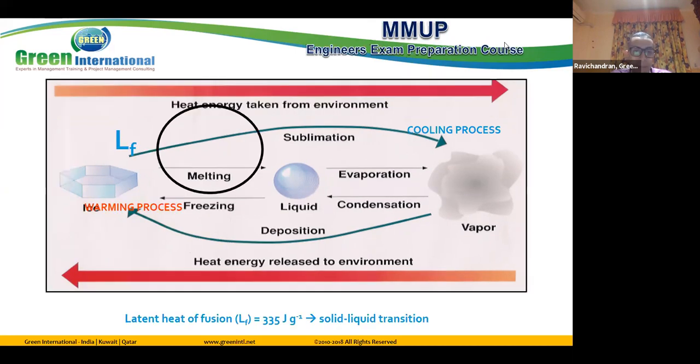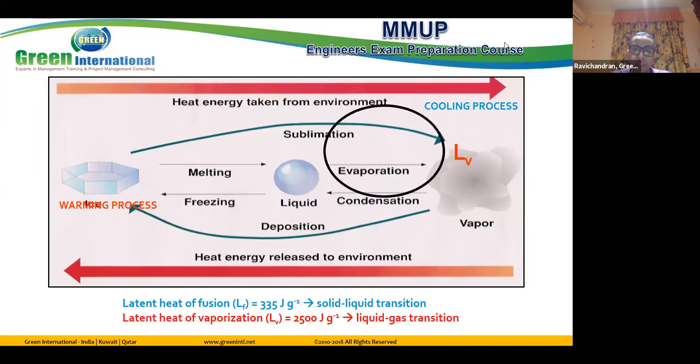The latent heat for melting is called latent heat of fusion, and the latent heat for evaporation is Lv, latent heat of evaporation. See the values here. The latent heat of fusion is 335, which is the amount of heat, but the latent heat of vaporization is 2500, which is different.